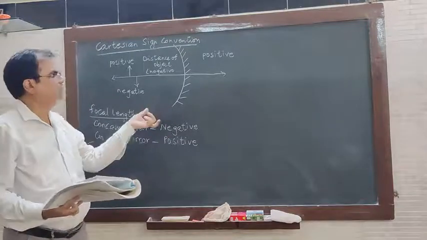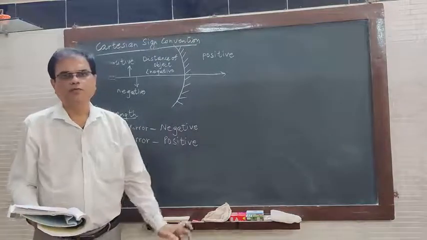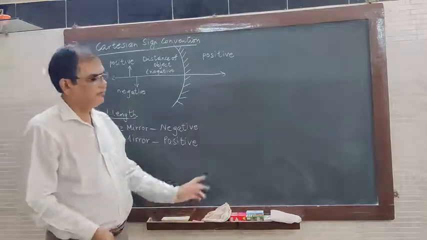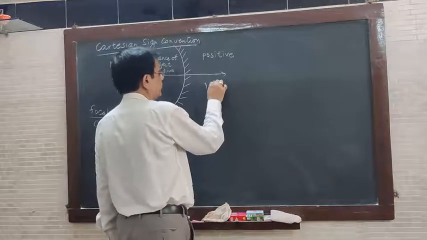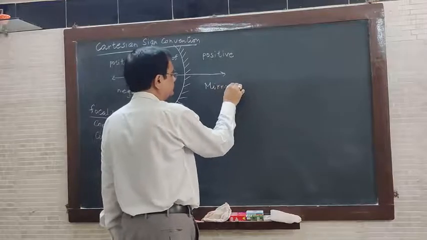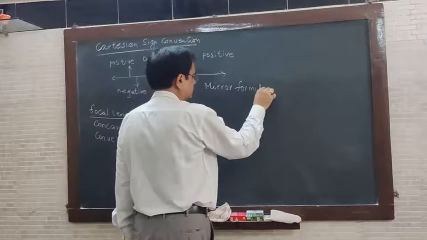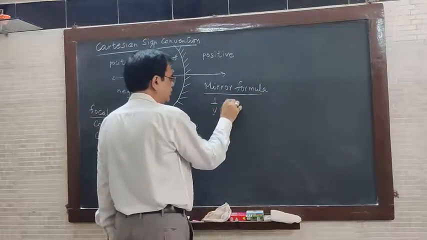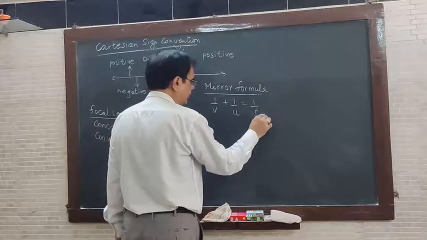So with this, we finish the chapter reflection of light. Only sums are remaining, which we will do when we take the light class, and I will give you the formula for the sums. The mirror formula is, you have to remember this formula: 1 upon v plus 1 upon u is equal to 1 upon f.